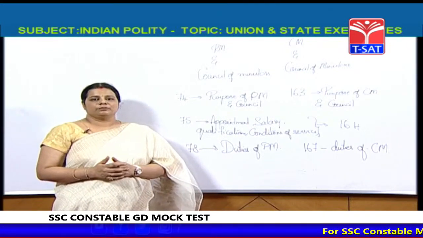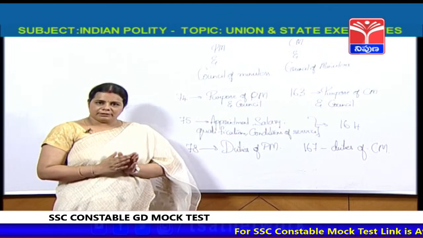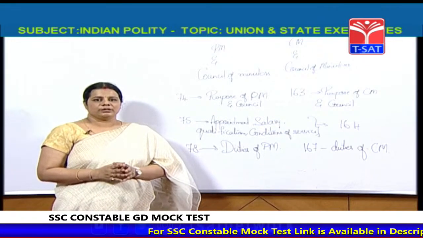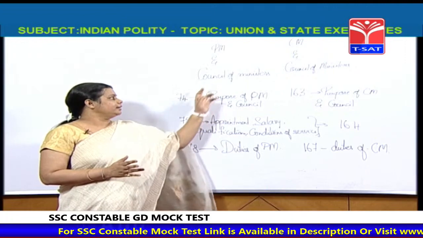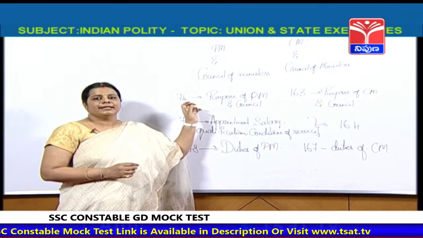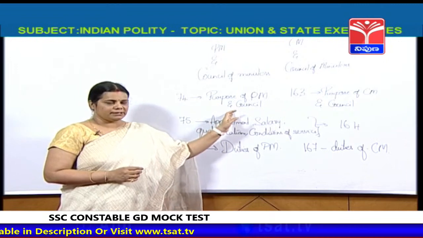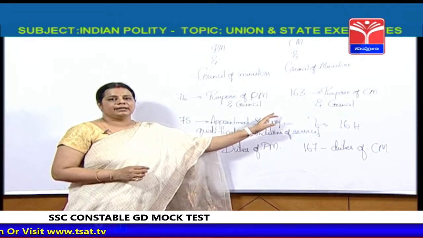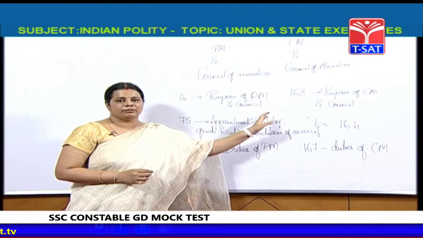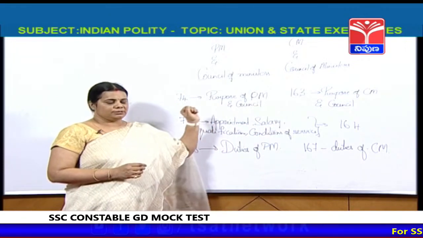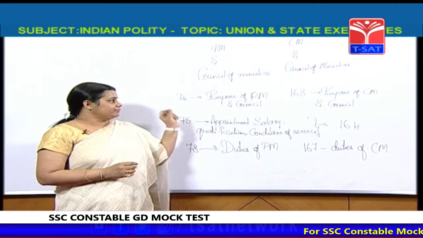If you notice, everything is the same except two or three points. The first is that under Article 74, the advice tendered by the Prime Minister and Council will be binding on the President, whereas under 163, the Governor is not bound by the advice given by the CM and Council. That is the first point.